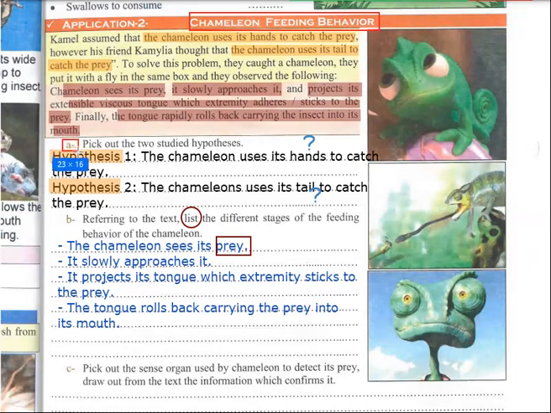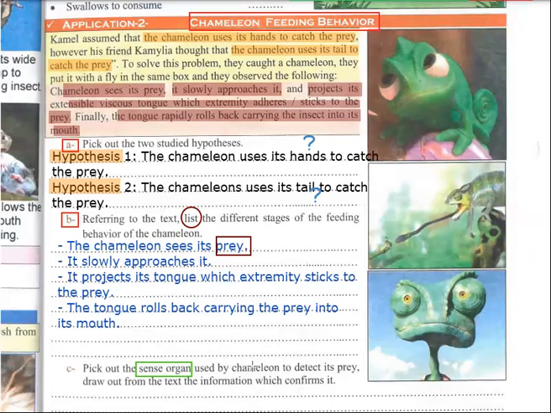So in part A, we wrote the two hypotheses. In part B, the feeding behavior of the chameleon. In part C, they are asking us about the sense organ. It's the organ used by the chameleon to detect its prey. How does the chameleon recognize its prey?